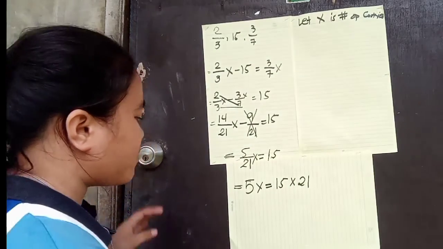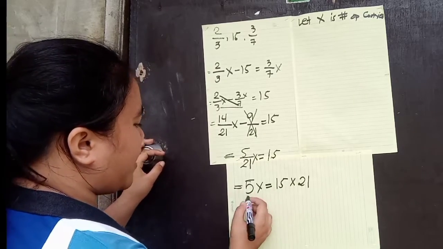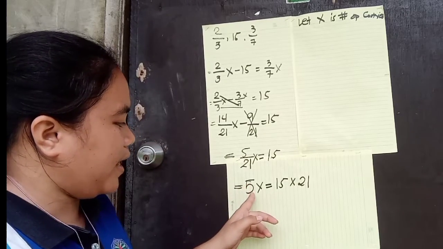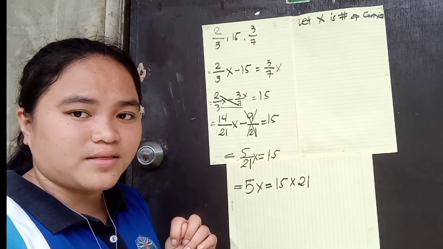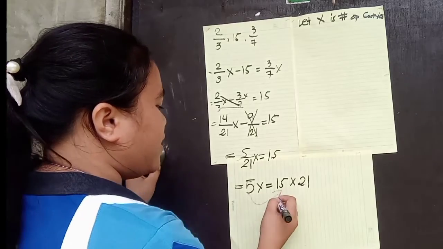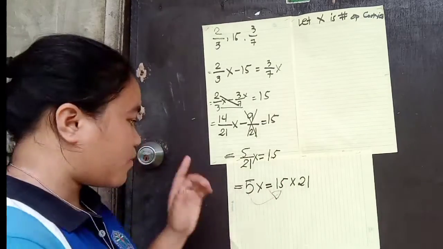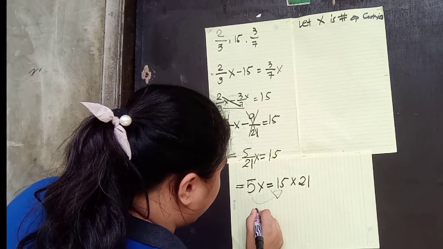Now, ang gagawin po natin dito is, kasi po same silang may x, so, ilan ang 5 na meron sa 15? Ilang 5 ang pag-multiply para makabuo tayo ng 15? Di ba po? 3.